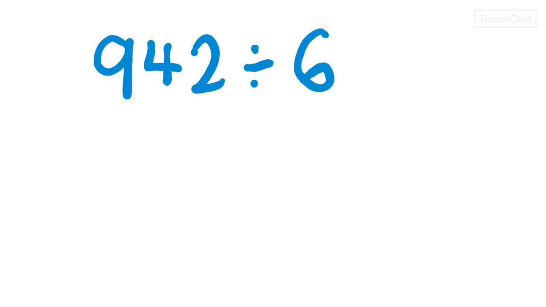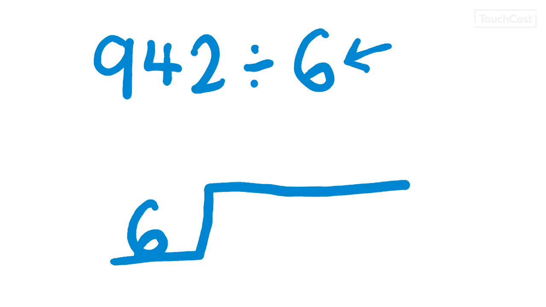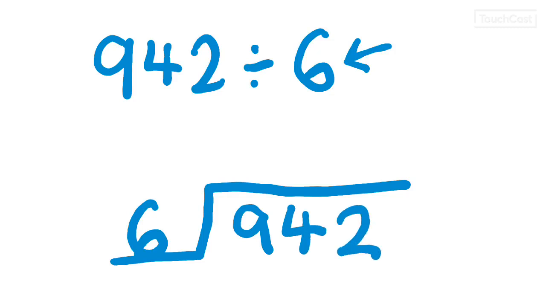We are going to trial it out. The way that we lay this out is we start off by writing 6, because that is what we are dividing by, and then we draw a little house around it, and we write 942 under the roof of the house.